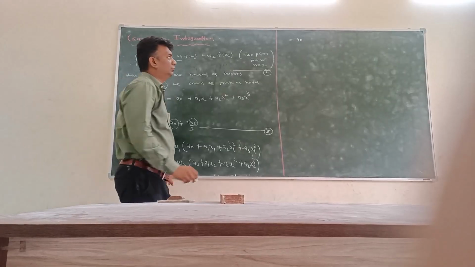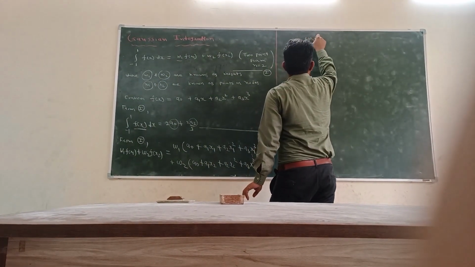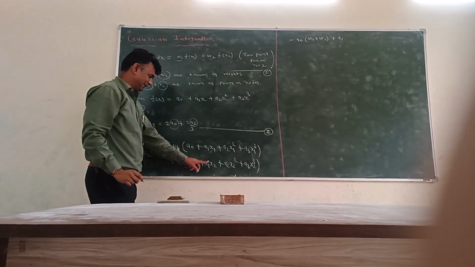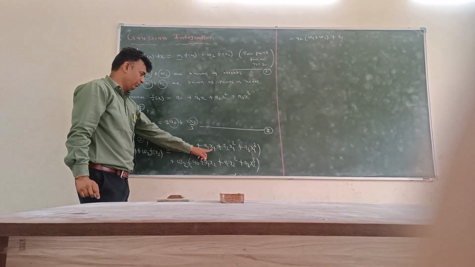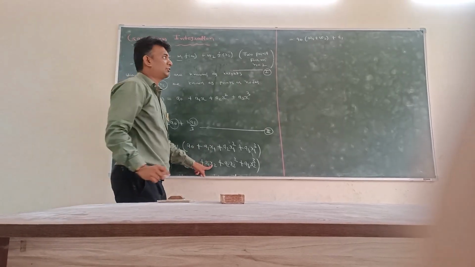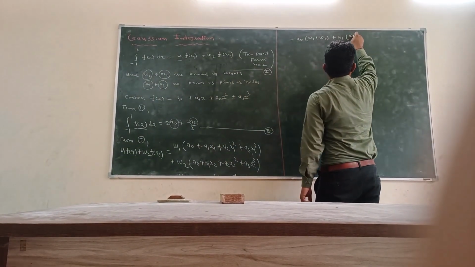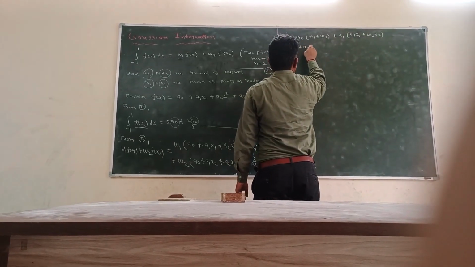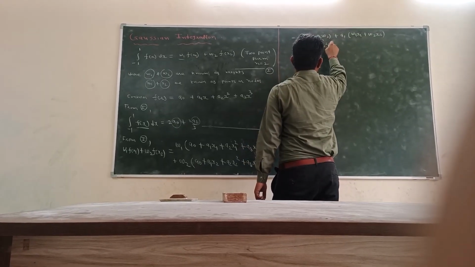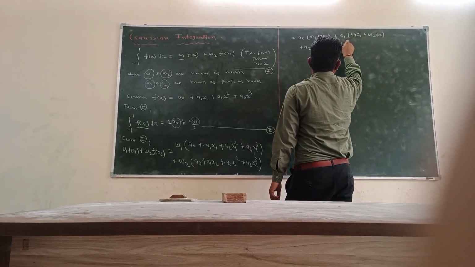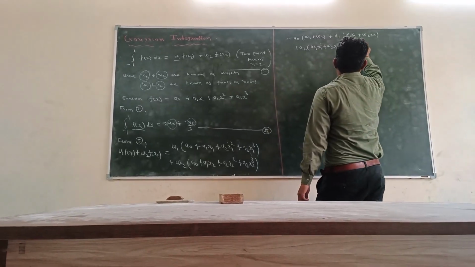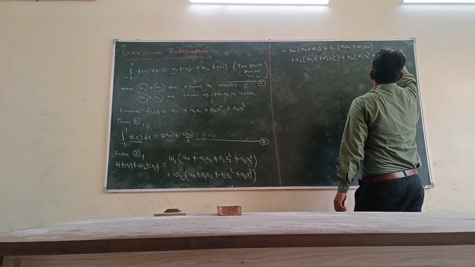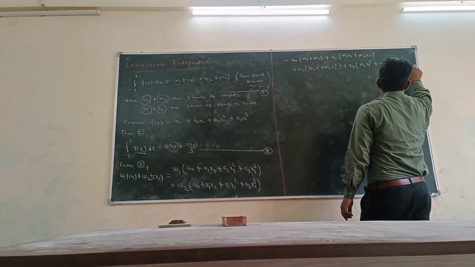W1 plus W2, plus a1 common, W1x1 plus W2x2. For a2 it will become W1x1 square plus W2x2 square, plus a3 becomes W1x1 cube plus W2x2 cube. Call this 3.